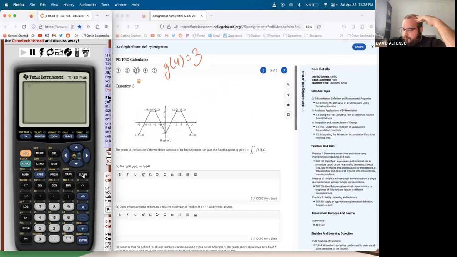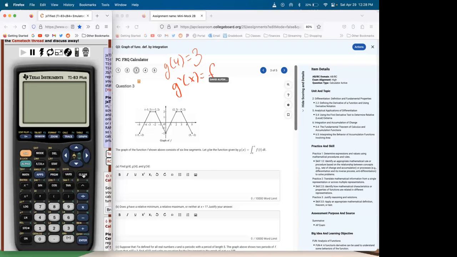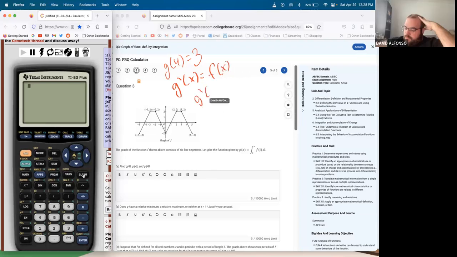Now, with the fundamental theorem of calculus, what does G prime of x represent? What's the derivative of G? F. Right. So that means G prime of 4 is F of 4.